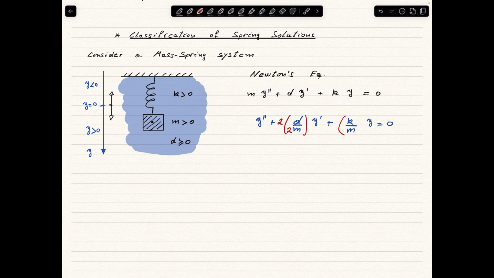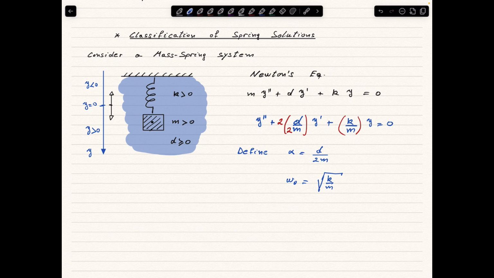We multiply by 1, so nothing happens on that term. And then to these two coefficients, we are going to give names. We are going to call alpha the coefficient d over 2m, and we are going to call omega 0 the square root of k over m. Why these names?